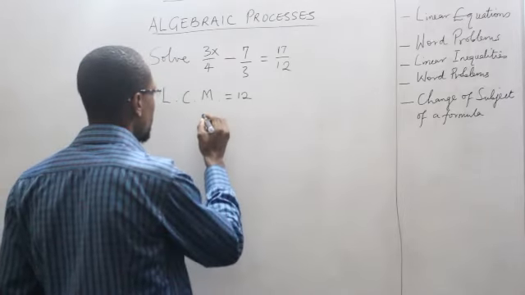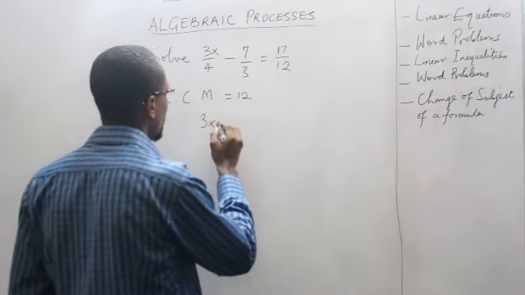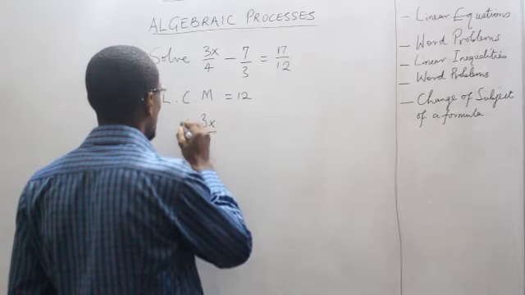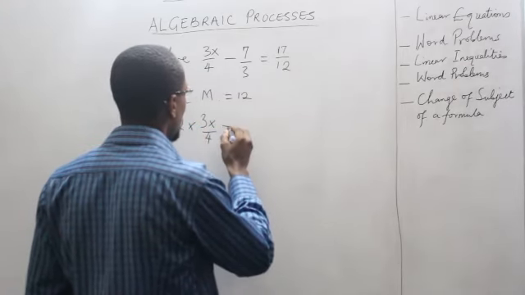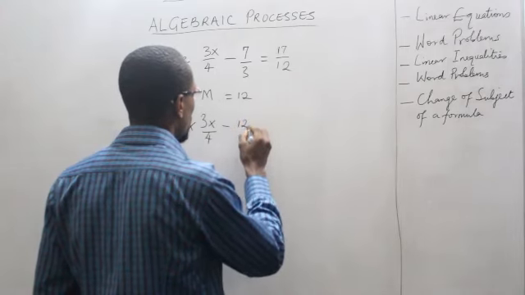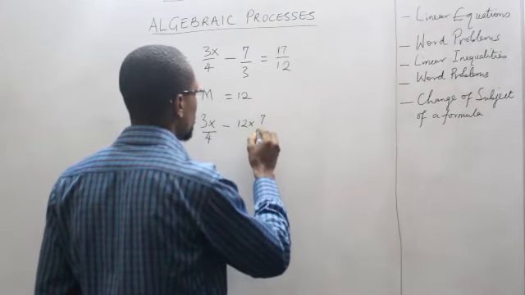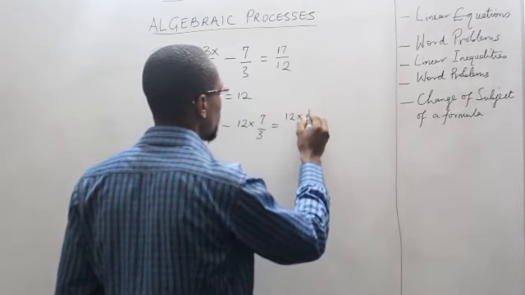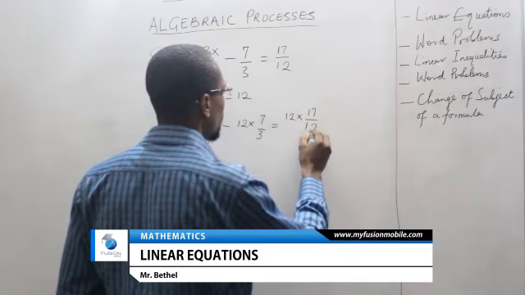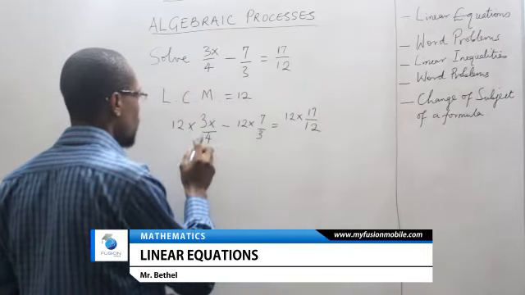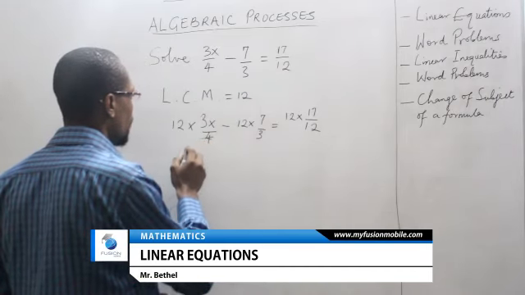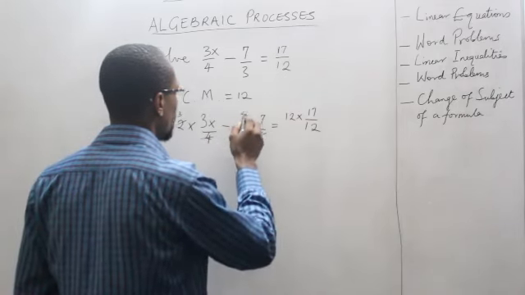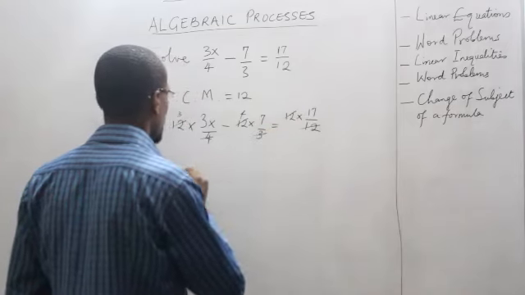So when we say 3x over 4, we multiply by 12, minus 12 times 7 over 3 equals 12 times 17 over 12. Of course, 4 will go here to give us 3, and 3 will go here to give us 4. 12 will cancel out 12.